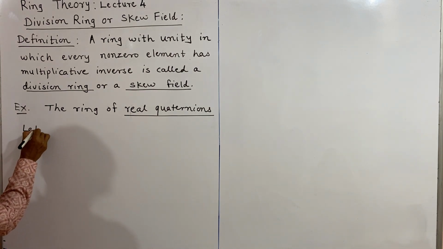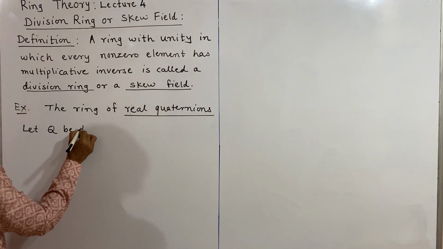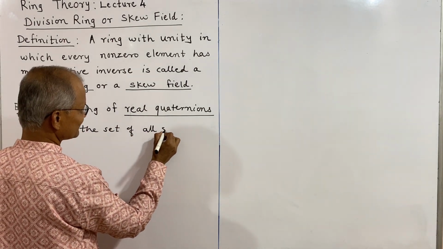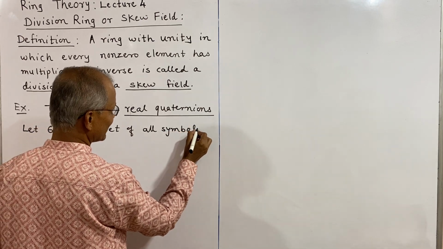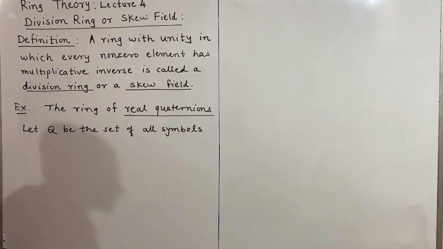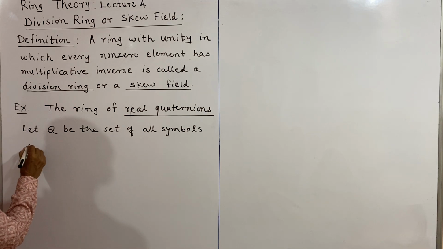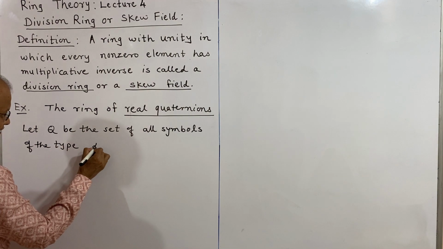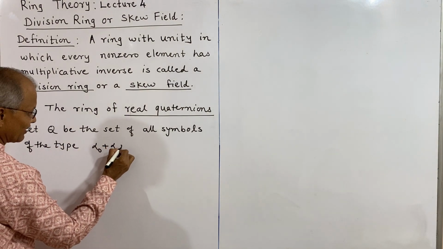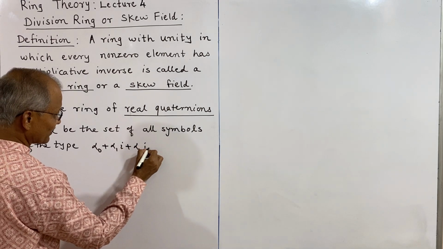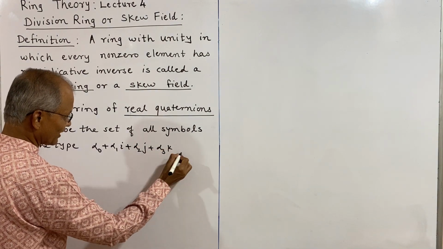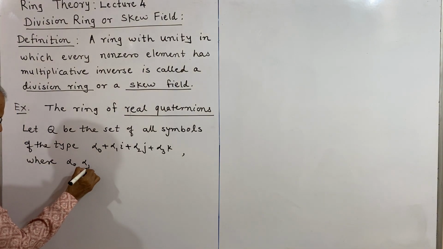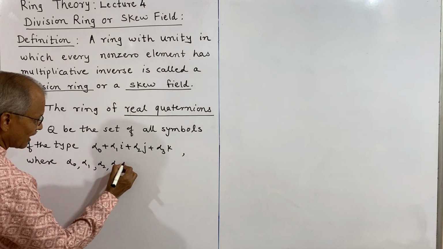Let Q be the set of all symbols, or numbers we may say, of the type alpha naught plus alpha 1 i plus alpha 2 j plus alpha 3 k, where alpha naught, alpha 1, alpha 2, alpha 3 are real numbers.